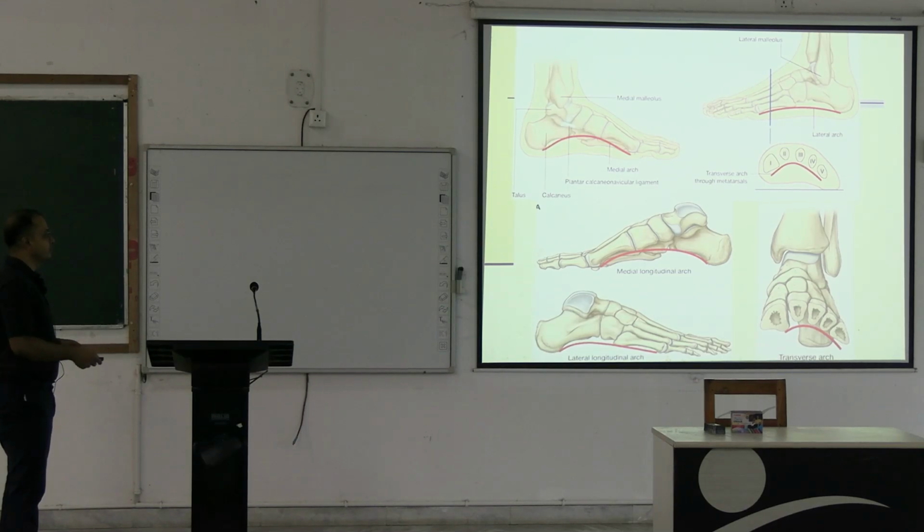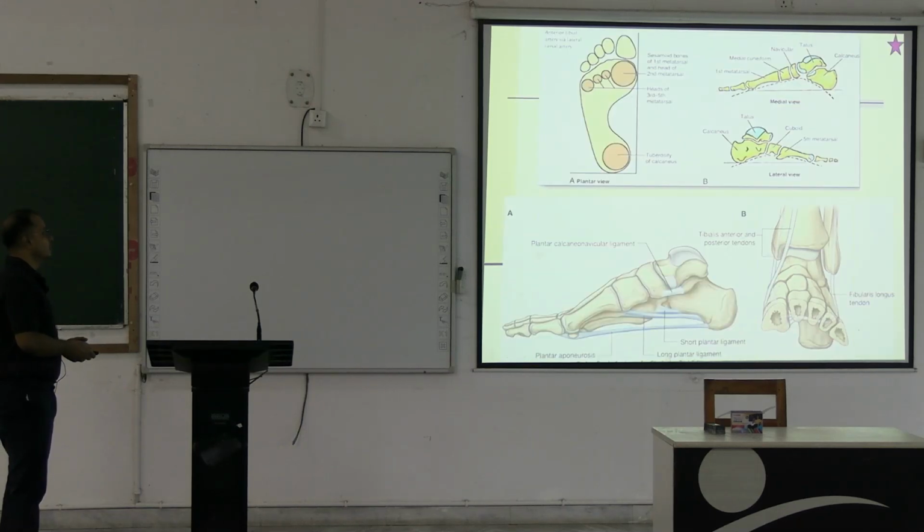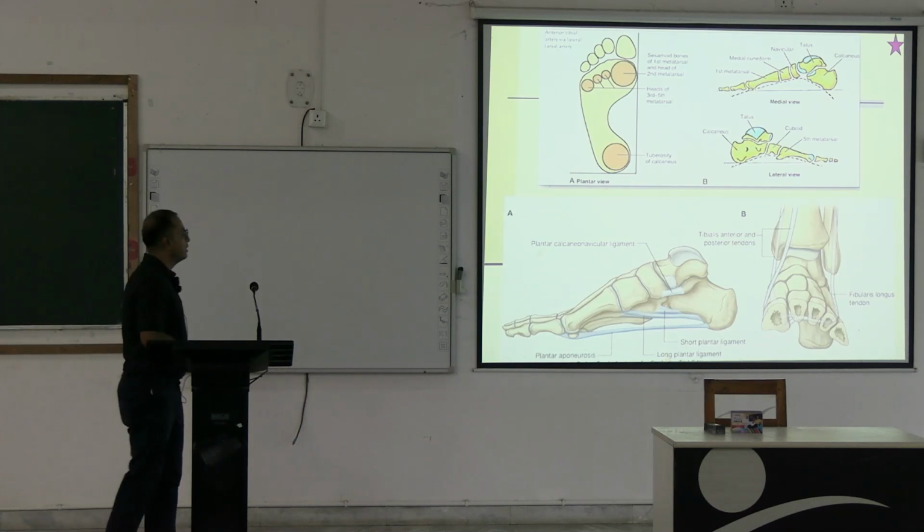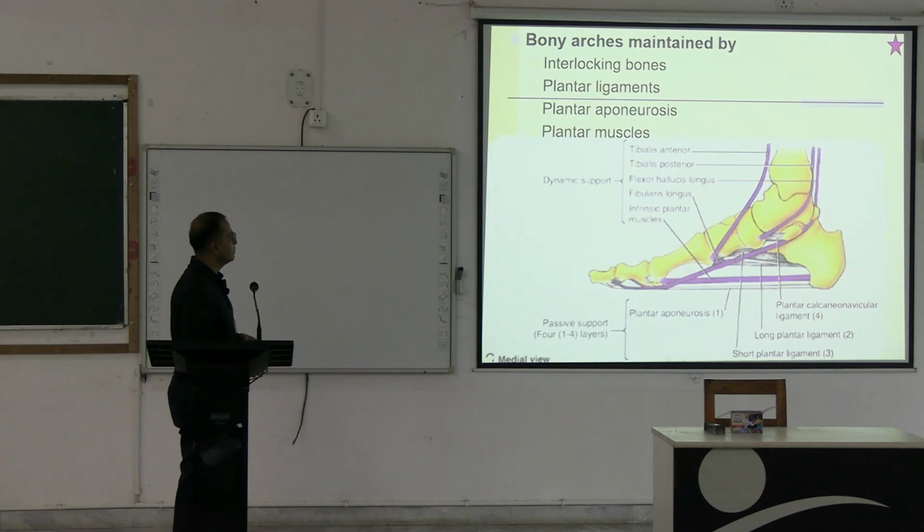So these arches make blood flow to the sole easy, as well as the blood supply and nerve supply to the muscles, so that whenever you are walking, standing or running, the blood supply to this region remains as it is.